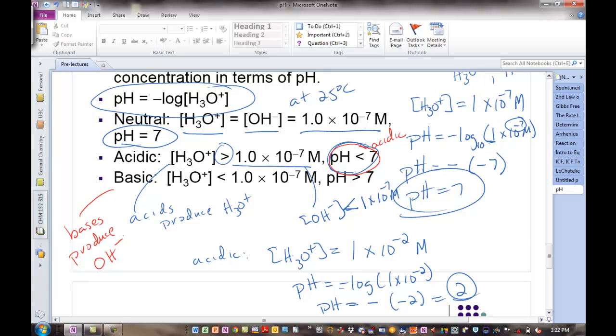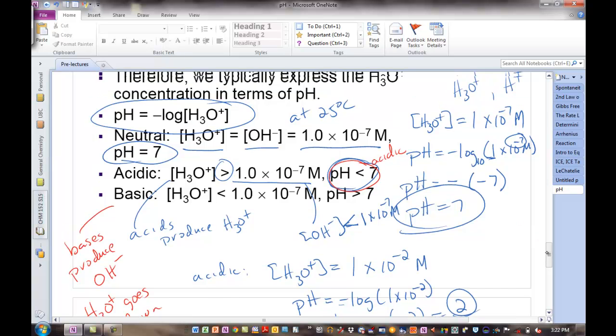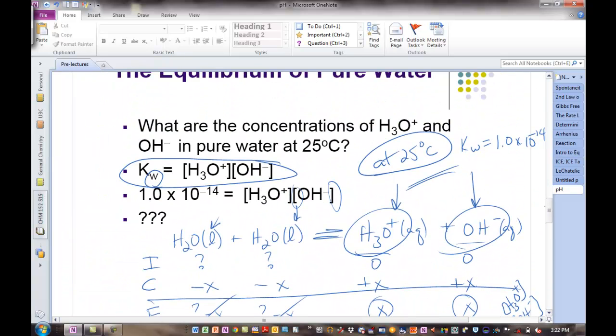If your hydroxide goes up, hydronium goes down. Because you know why that happens? There's our equilibrium. If hydroxide in a basic solution is going to go up, hydronium has to go down to equal that same constant.